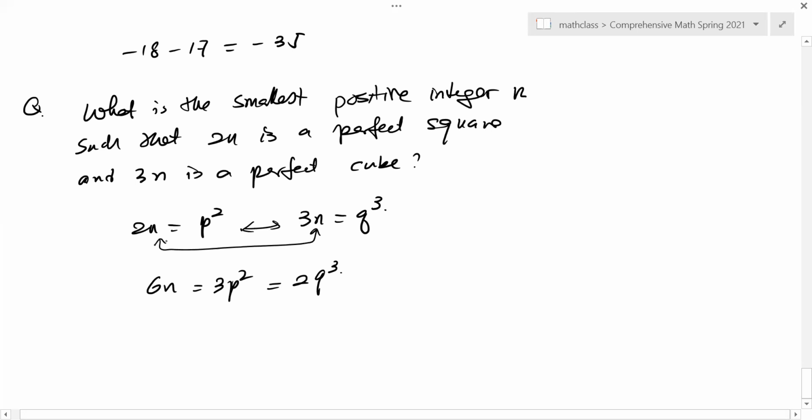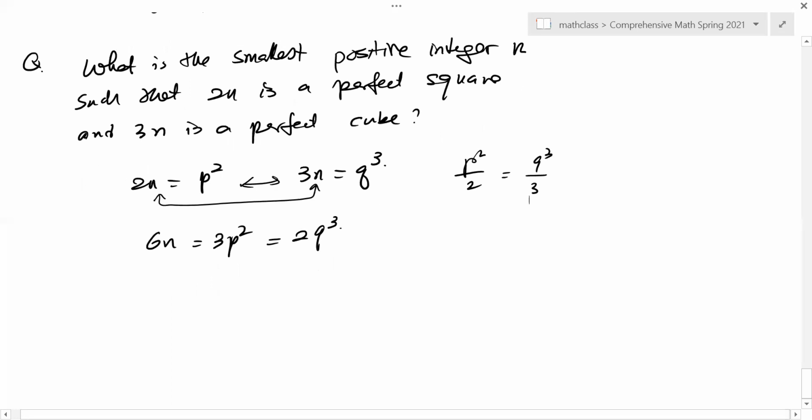You can say that p squared over 2 should be equal to q cubed over 3. So that's n, right? So then you have 3p squared equals 2q cubed.